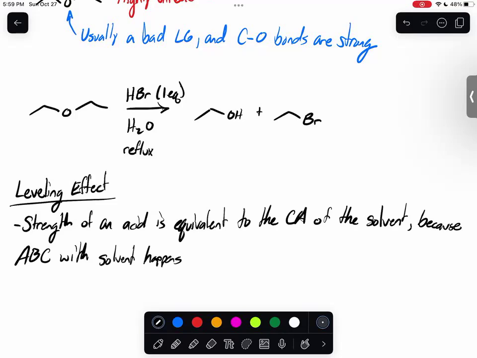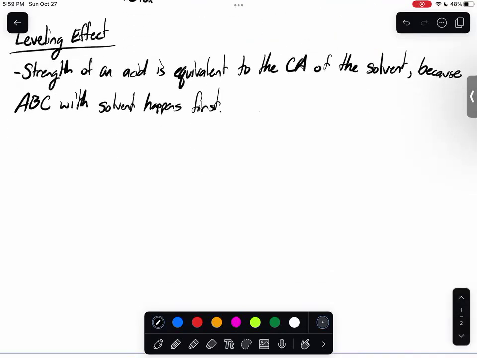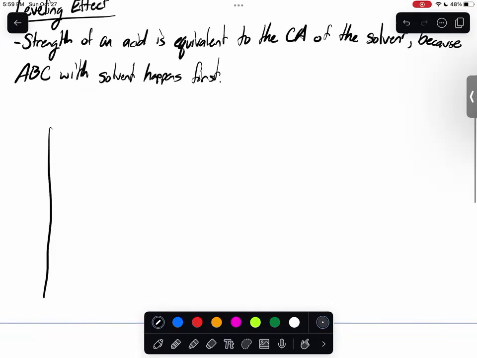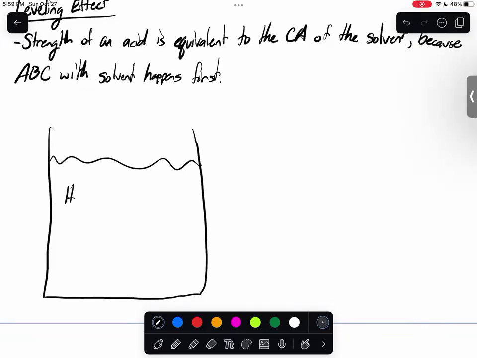So here's how you should think about this, right? Imagine you have a beaker that is just full of water and then some of that ether that we were looking at beforehand. So there's a bunch of H2O just hanging out in here, right?